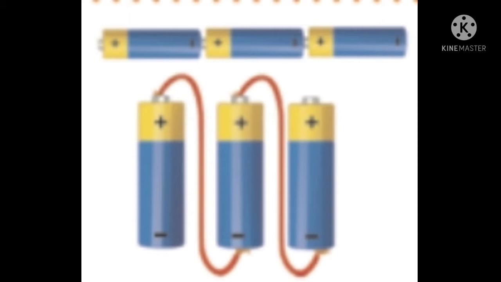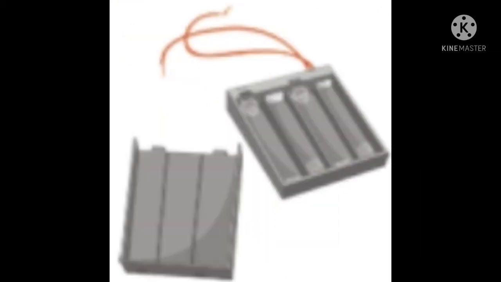Next we are going to learn about the cell holder. Have you seen a cell holder? See the picture that I have shown. Most battery operated devices have a place where the cells are to be placed. This is called a cell holder. Cell holders are also available separately and can be used in electrical circuits as needed.